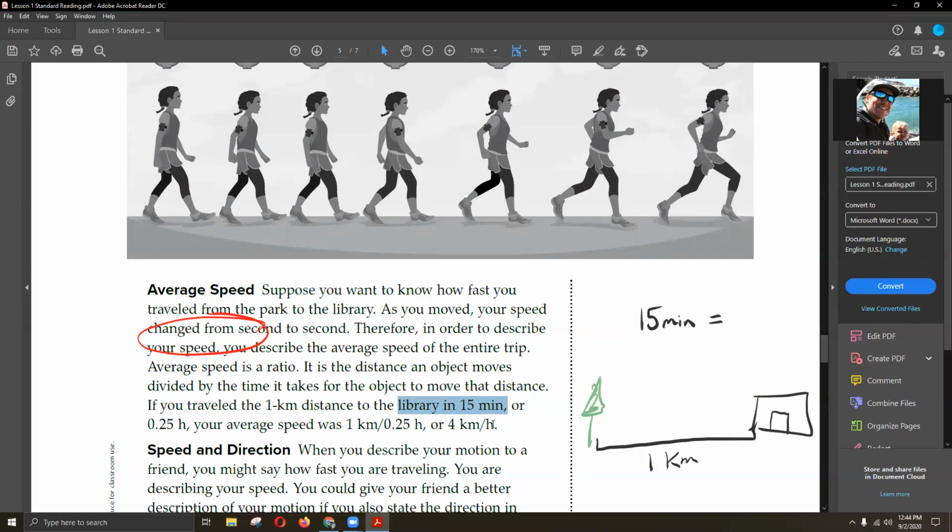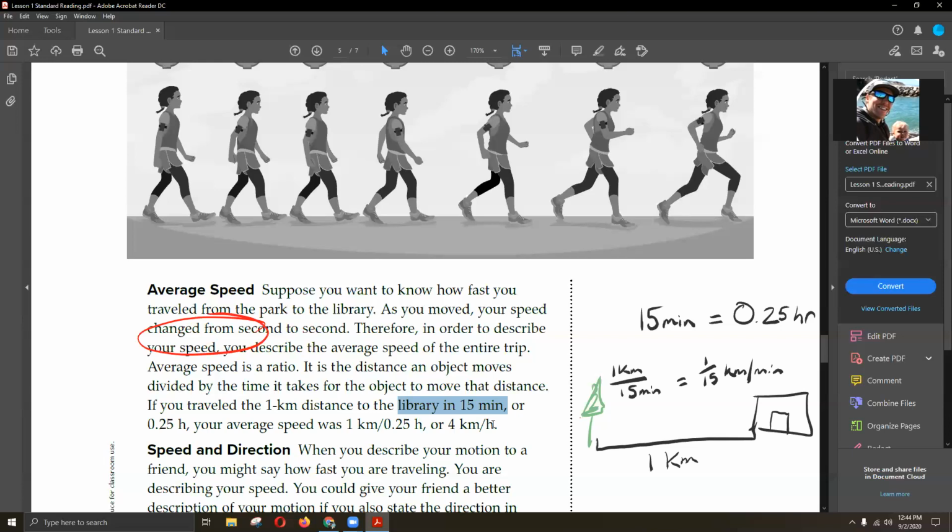You could do 1 kilometer divided by 15 minutes, and you would get 1/15 kilometers per minute. That is your speed per minute. Every minute you're going 1/15 of a kilometer. Or you know that 15 minutes is a quarter of an hour. It is 0.25 of an hour.